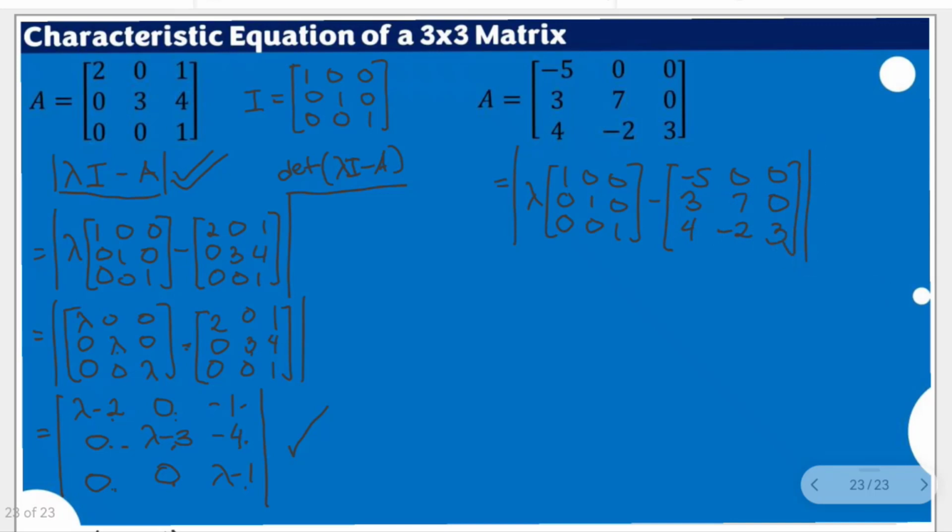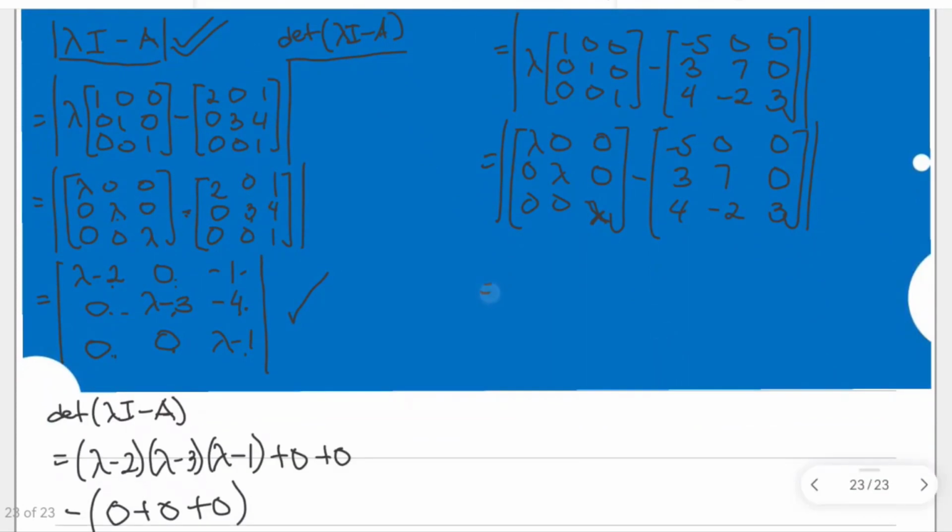So you will have here the matrix lambda, 0, 0, 0, lambda, 0, 0, 0, lambda, minus negative 5, 0, 0, 3, 7, 0, 4, negative 2, 3. And then the difference is defined.